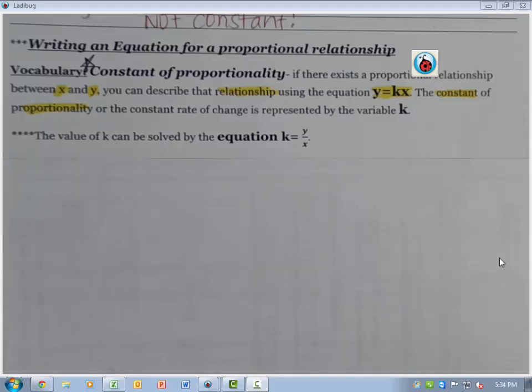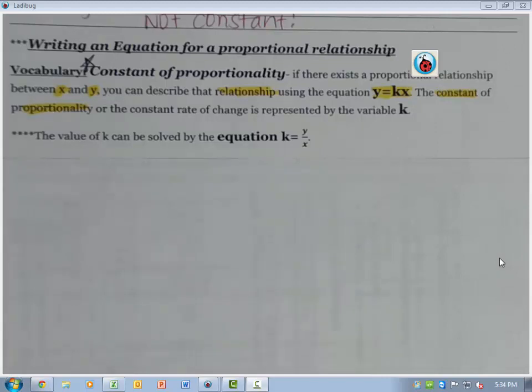You can describe the relationship using the equation y equals kx. So what does k and x next to each other mean? Very good, multiplication. So we are saying y equals k times x. So the constant of proportionality, or the constant rate of change, is represented by the variable k.